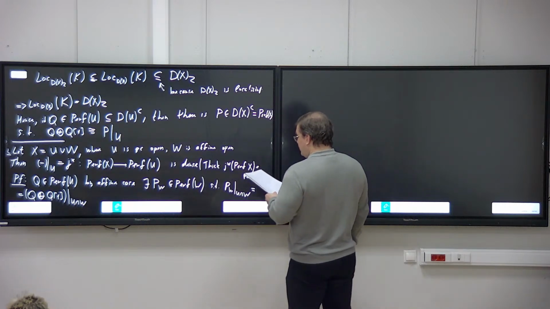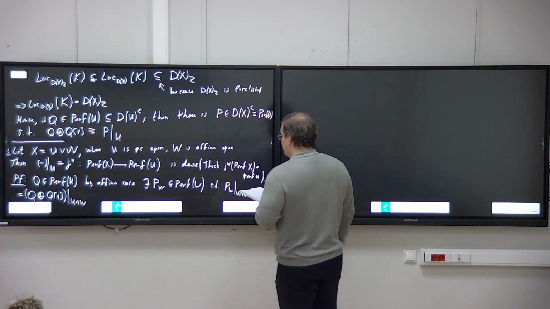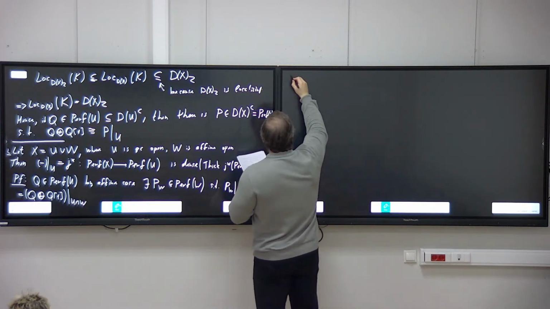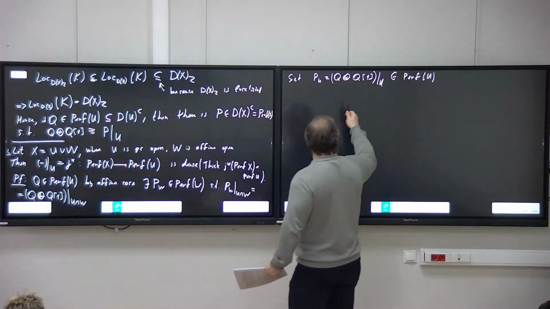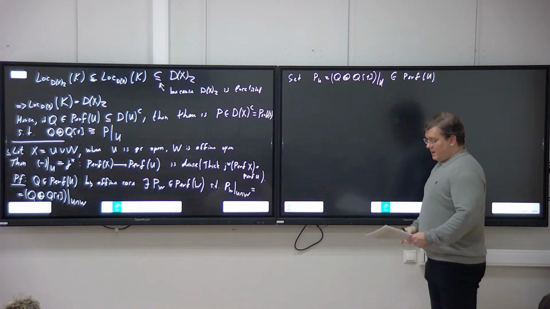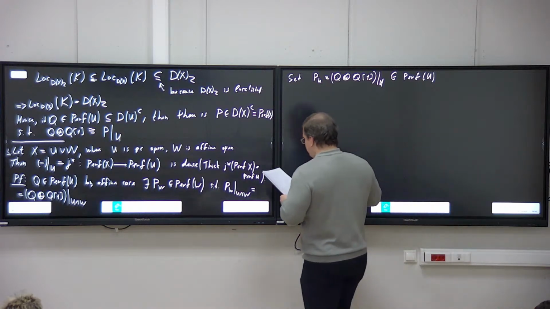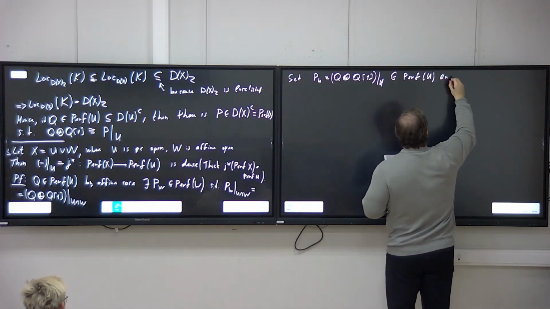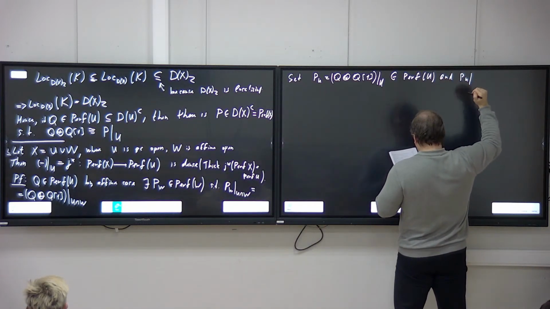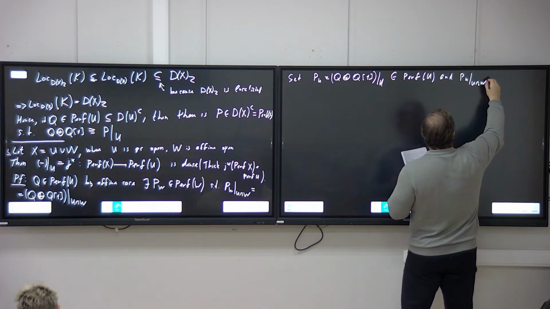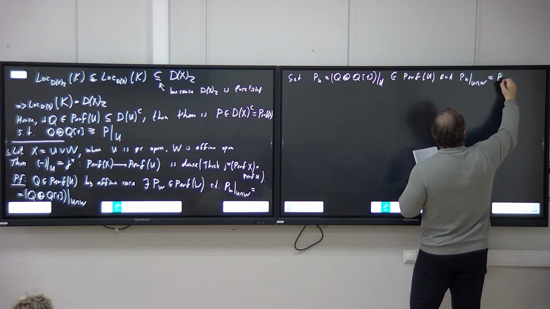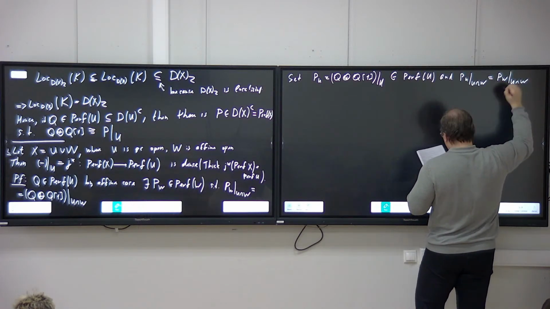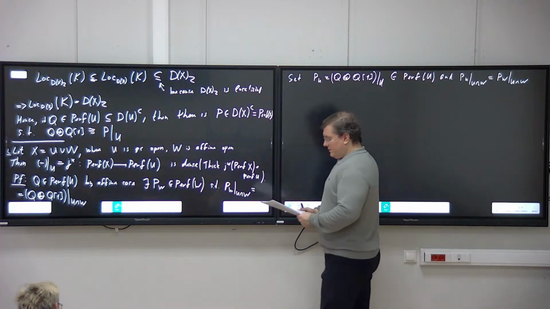Okay, so we have this P_W that lives on the affine piece W, and by definition over U we have P_U, which is perfect over U, and they coincide on the intersection. So P_U restricted to U intersect W coincides with P_W restricted to the intersection. Right? So then we can glue them together.